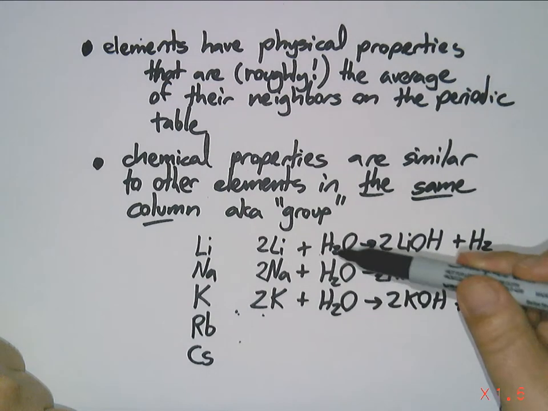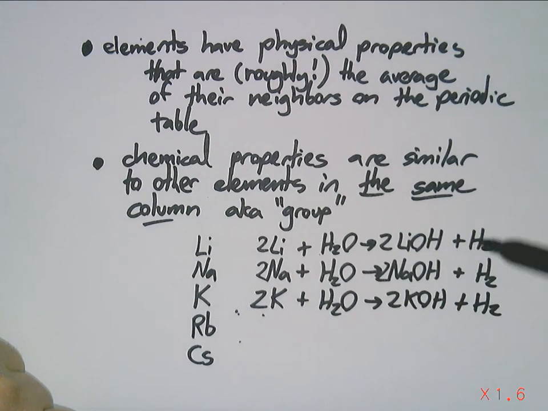But the properties vary a little bit. Lithium will just make little bubbles of hydrogen gas when you throw it into water. Sodium will make bubbles of hydrogen gas, but it will generate a lot of energy, enough that it's going to ignite some of the hydrogen, and it'll sputter. A chunk of sodium will sputter around on the surface of the water on little jets of flaming hydrogen.